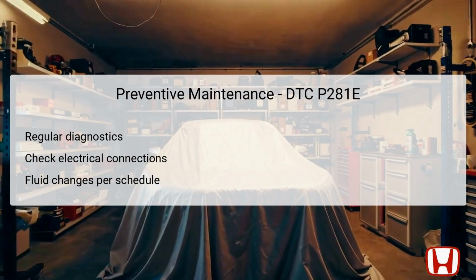Additionally, following the recommended fluid change intervals for the transmission fluid can prevent degradation that often leads to solenoid issues. Keeping a close watch on these areas will enhance overall system reliability and performance. Ultimately, proactive maintenance plays an essential role in mitigating future concerns and ensures a smooth driving experience.